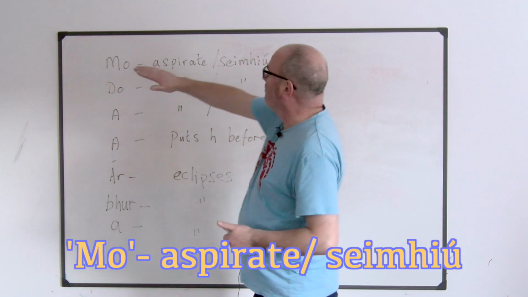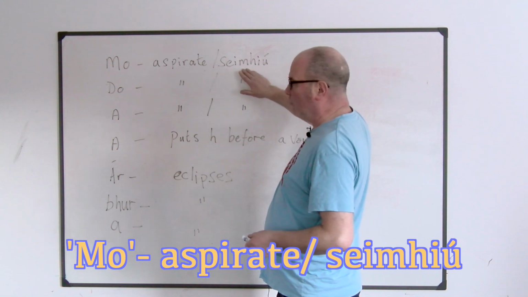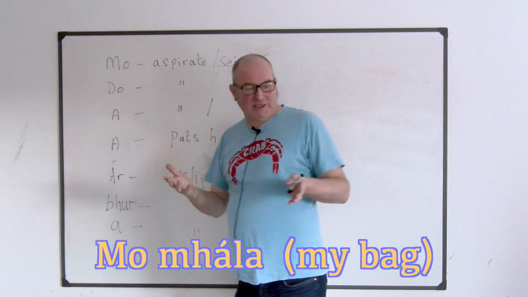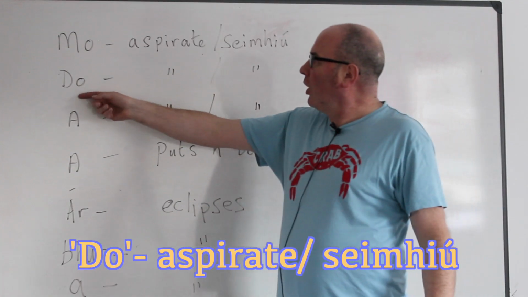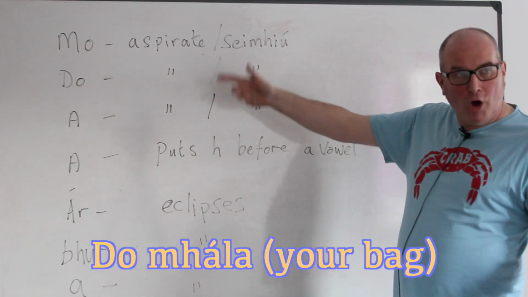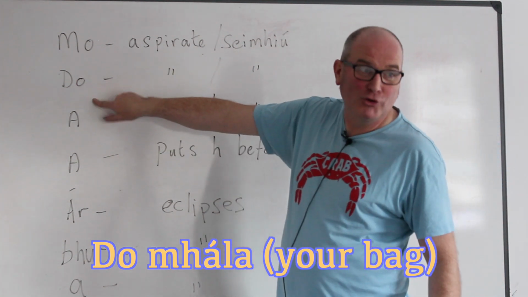So first of all, ma. Ma aspirates, gives us a shevu. Ma wala, for example, my bag. Da also aspirates. Da wala. That da, by the way, is for your bag.